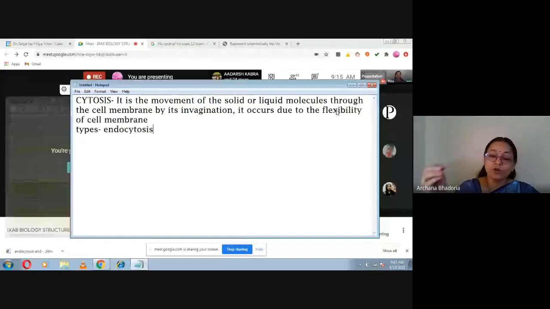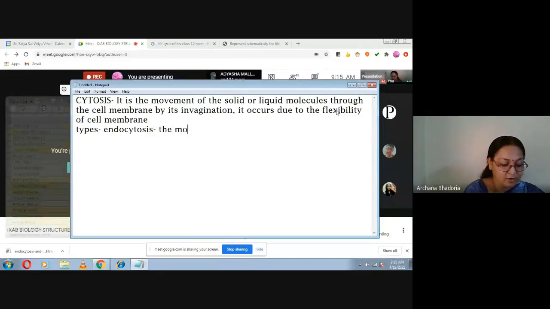The solid or liquid molecules will move inside the cell. So write down: the movement of solid or liquid molecules inside the cell.